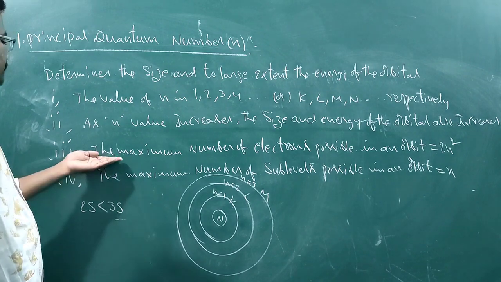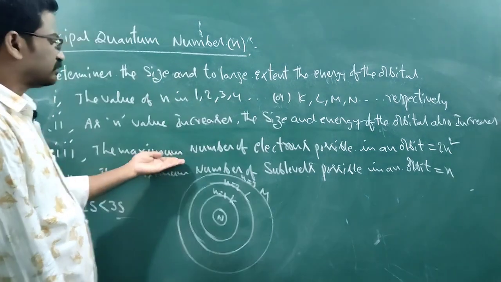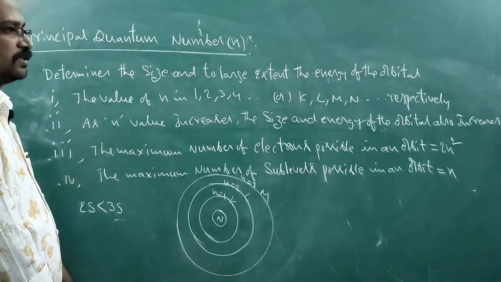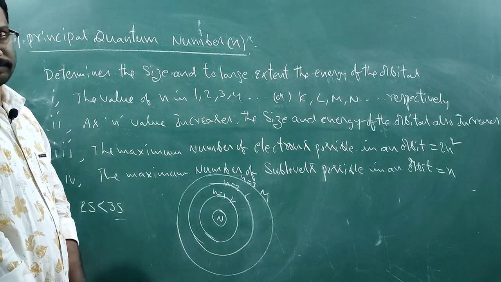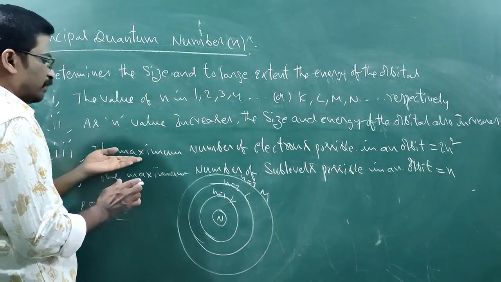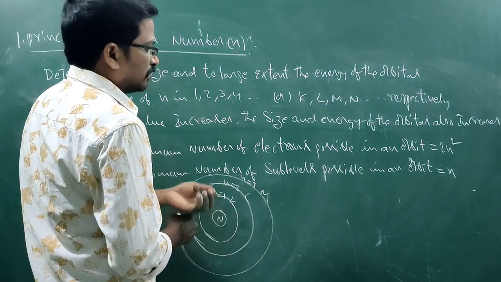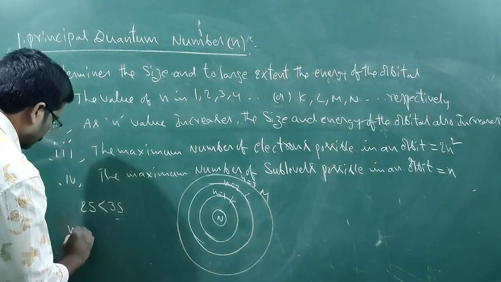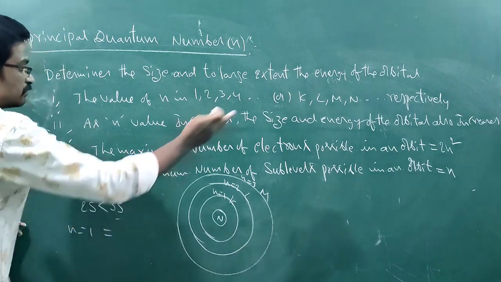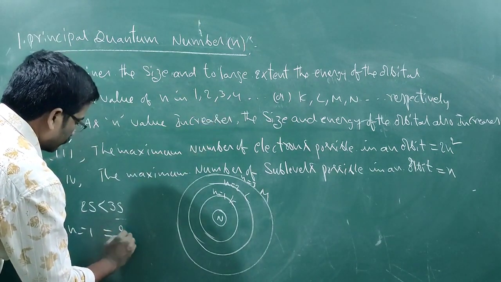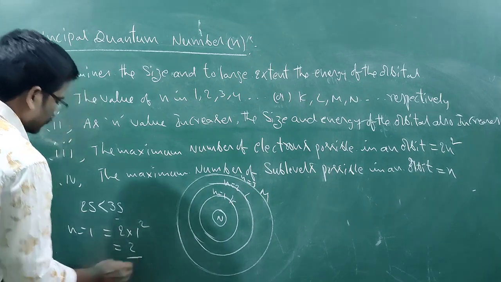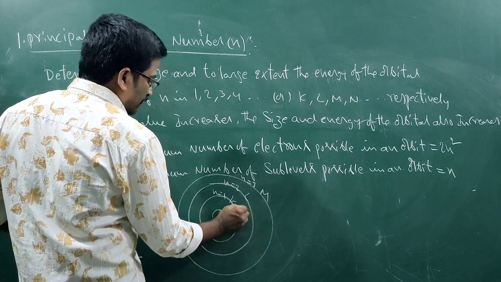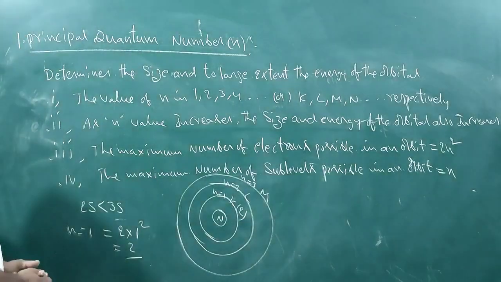Next point, the maximum number of electrons possible in an orbit is 2n square. Let us calculate. If n is equal to 1, 2 into 1 square means 2 electrons, so in the first orbit 2 electrons are possible.